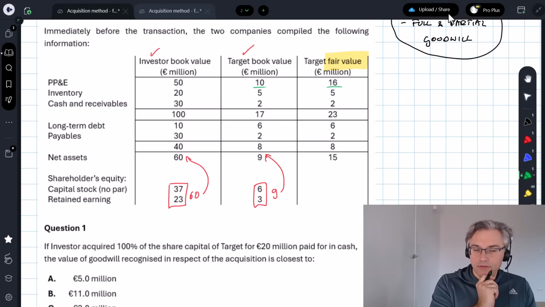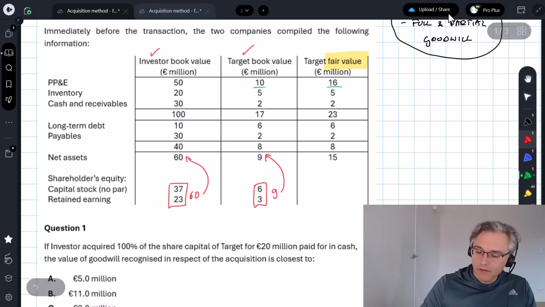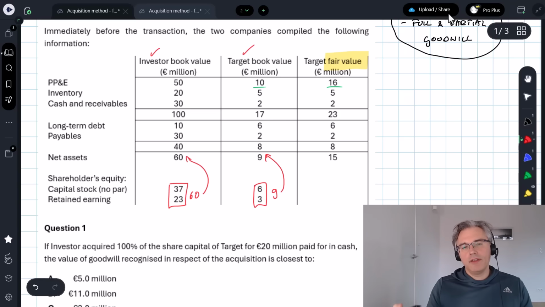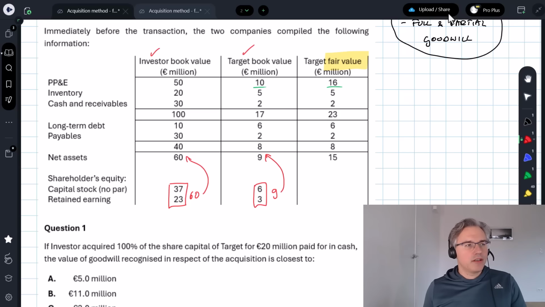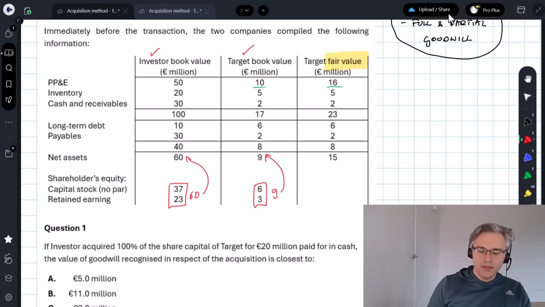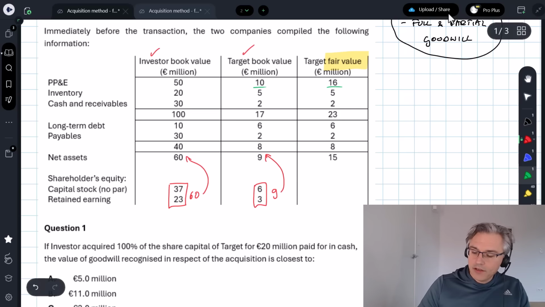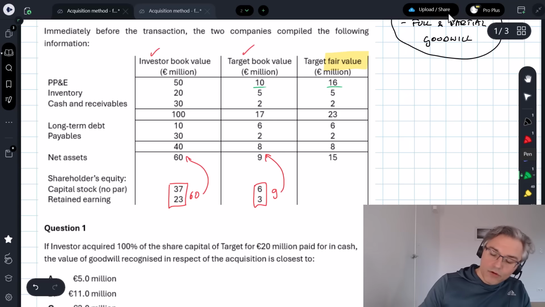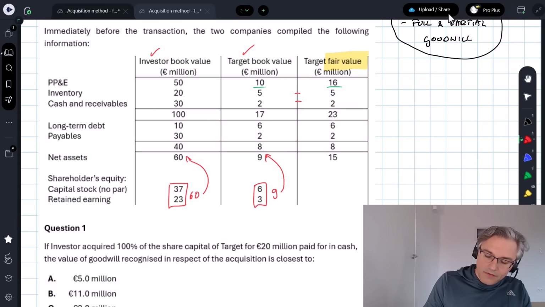During an acquisition, you're bound to find assets that are worth more than what's being shown in that acquired company's balance sheet, or indeed identify assets which are not at all shown in their balance sheet, and that primarily pertains to intangible assets like brands, trademarks, that kind of thing. More on that in the next video. The remaining assets have the same book values and that liability as well.